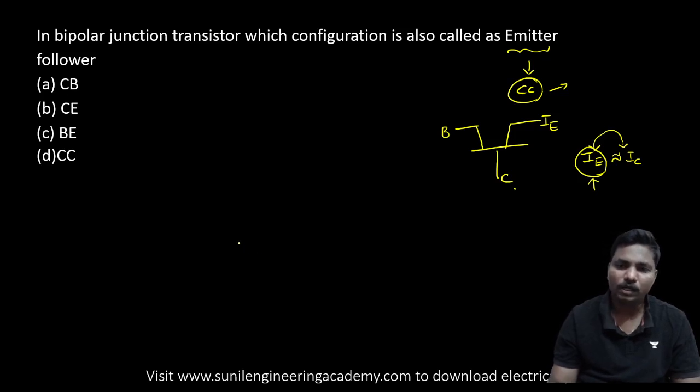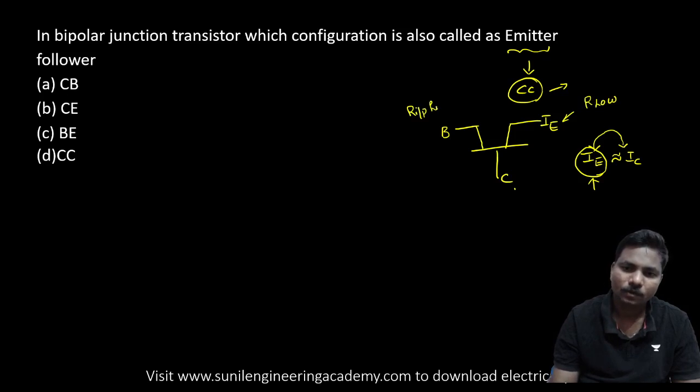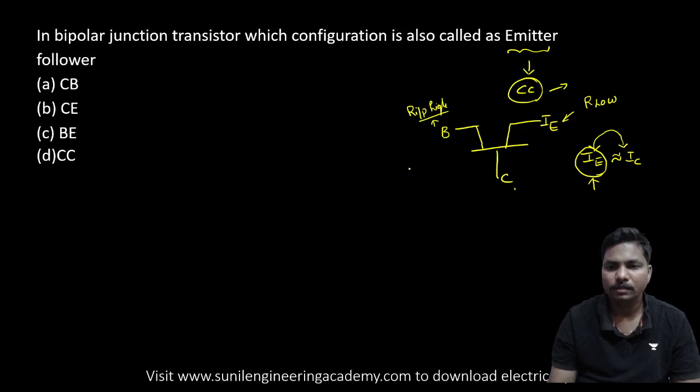In common collector, the very important thing is that the output side has the emitter, which is heavily doped. Heavily doped means resistance is low. Base input resistance is high. Input resistance is high and output resistance is low.